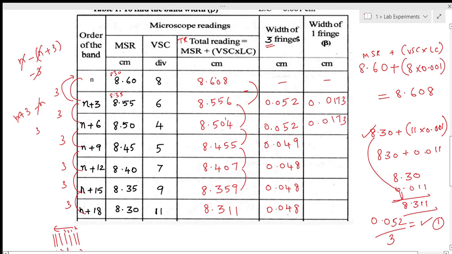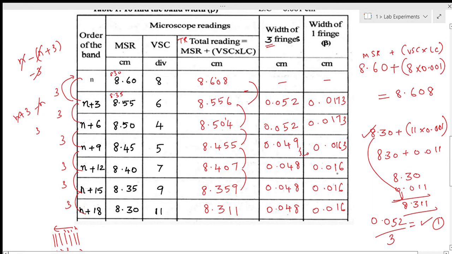Here also the same way, 0.0173. Next is 0.049 divided by 3, which will give you this value, 0.0163. Then 0.048 divided by 3, I got 0.016, 0.016, 0.016.